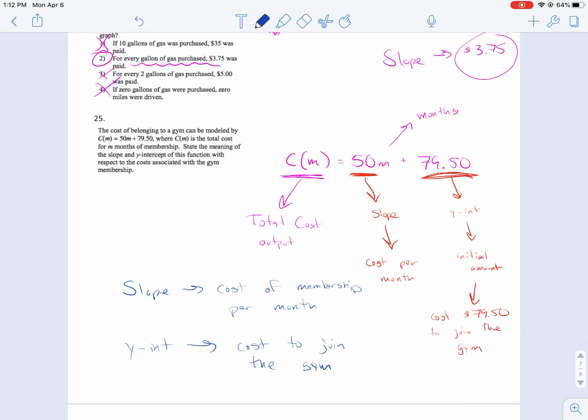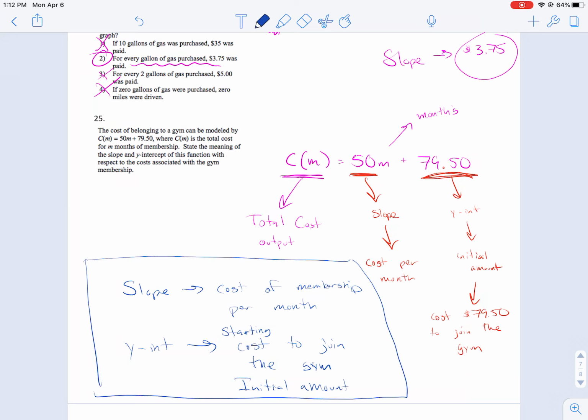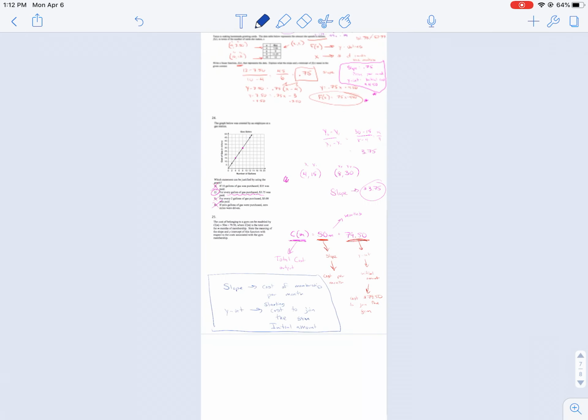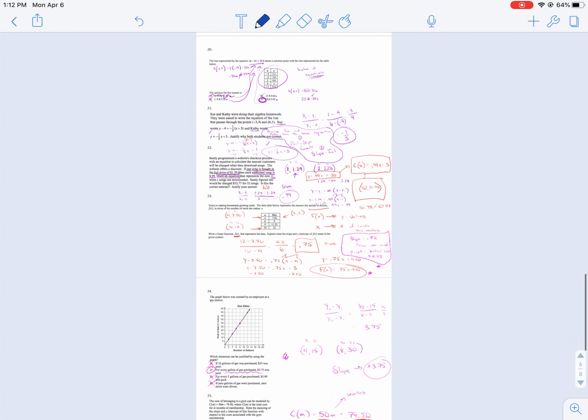And our y-intercept is the cost to join the gym, the initial amount. So we'll just say starting cost to join the gym, the initial amount.